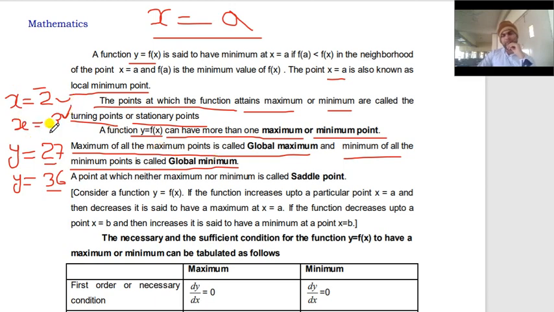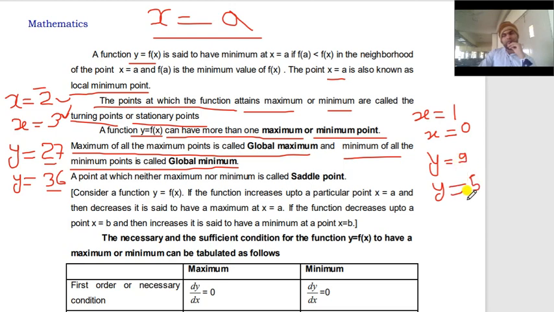Similarly, we can take a numerical problem for the minima. Suppose the value of x is 1 and x is 0, then we get the minimum value of function y. If we put x = 1, the answer is 9, and if we put x = 0, the answer is 5.